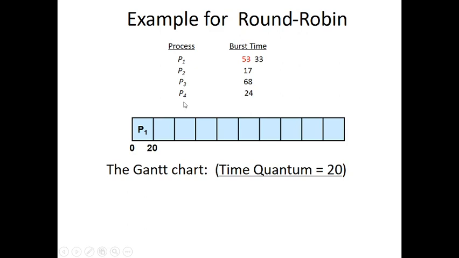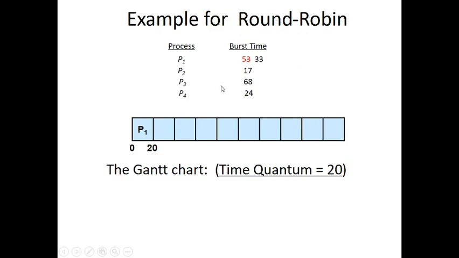Very obviously P1 will be given the first chance to use the CPU, and after the time quantum is over, P2 will be given the next chance. Again, P2 will be given some time quantum, and once it is over, P3 will be given the CPU. Again, after P3's timer is over, P4 will be given.